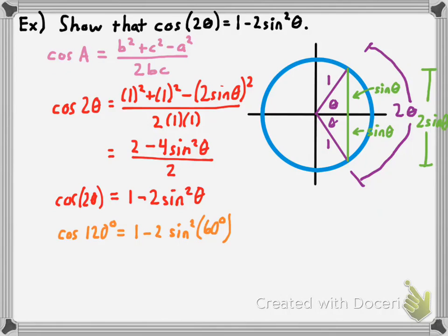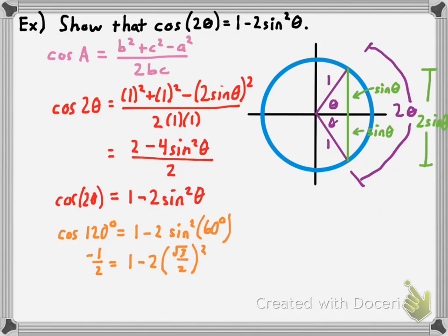All right, so notice this angle is twice that angle. Now let's go ahead and substitute in the values that we know for these things to show that it's true. You should know that the cosine of 120 degrees is negative 1/2. All right, so that's going to be equal to 1 minus 2 times, and then you know that the sine of 60 degrees is the square root of 3 over 2. So the sine squared of that, we'd have to square, okay?